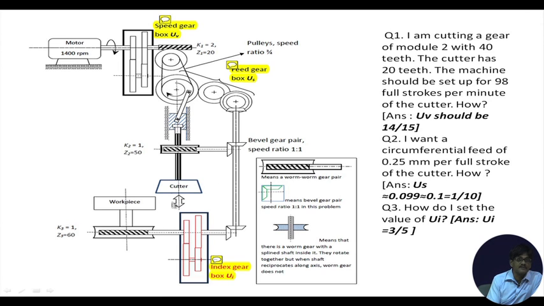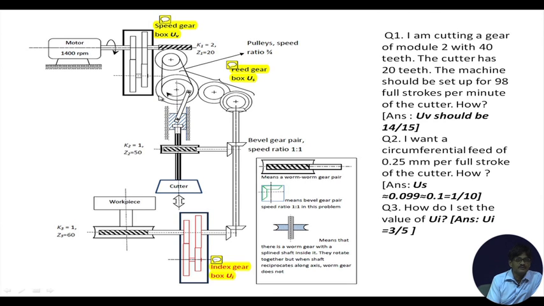So, let us start from cutter reciprocation. The cutter reciprocates once fully, up, down. Therefore, the large pulley rotates once fully during this time.